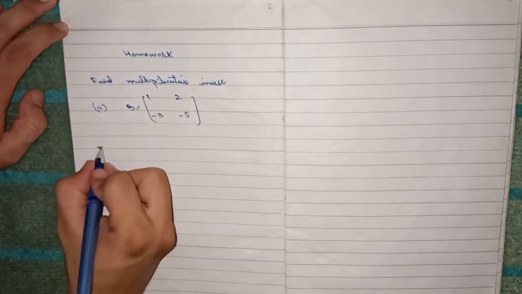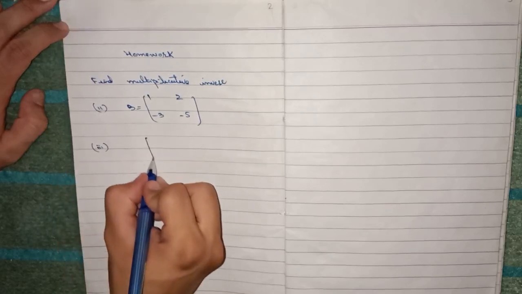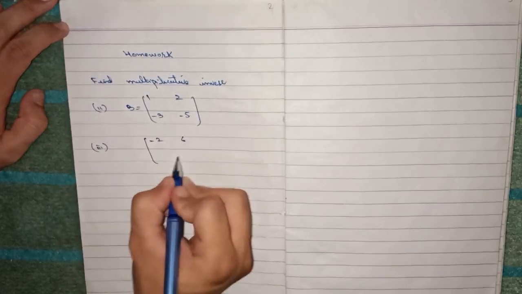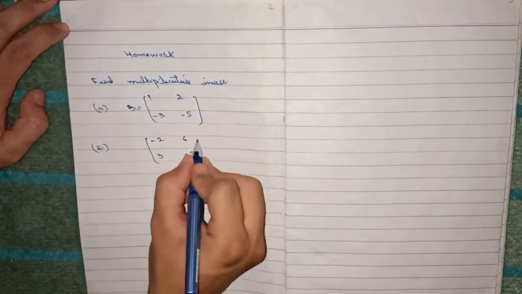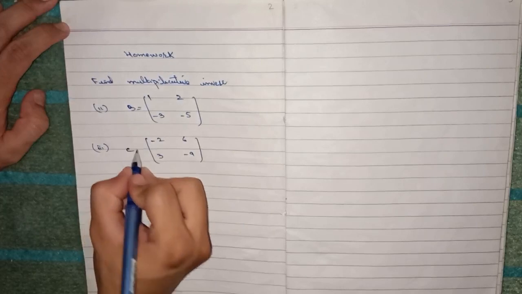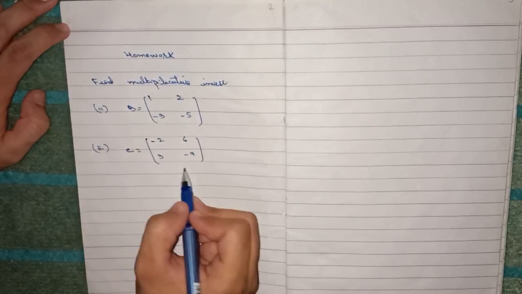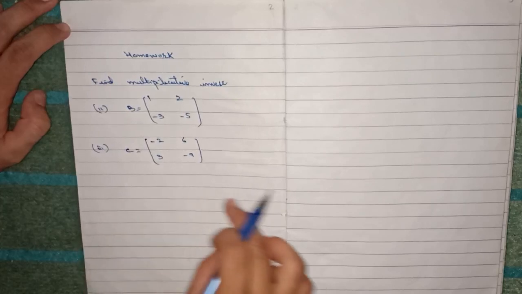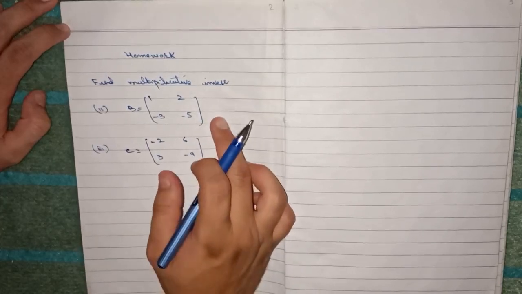And the 3rd part, minus 2, 6, 3, minus 9. It is the C matrix. Students, minus minus plus, 2 nines are 18, 3 sixes are 18. Its determinant would be 0, and you will simply write that the multiplicative inverse of C does not exist. Only you need to solve part B in the homework.